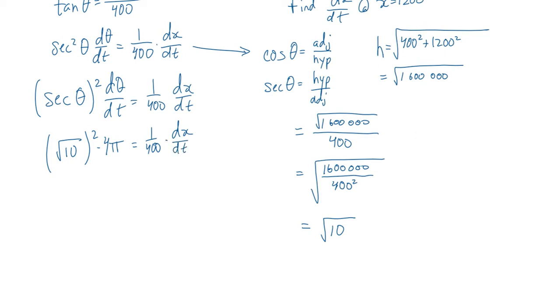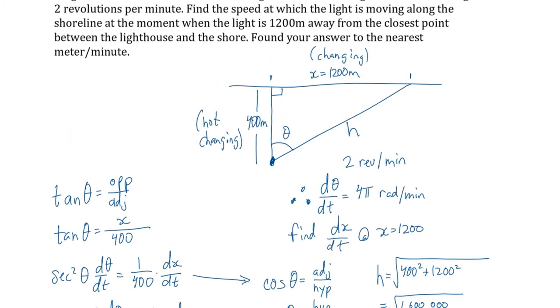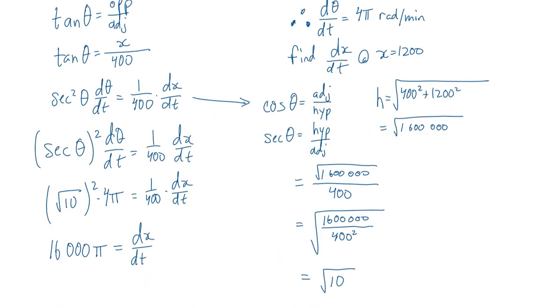So bring the 400 over. I get 400 times 10, which is 4,000, times 4 is 16,000 pi, equals dx by dt. Now this one doesn't say exact. It says round your answer to the nearest meter per minute.